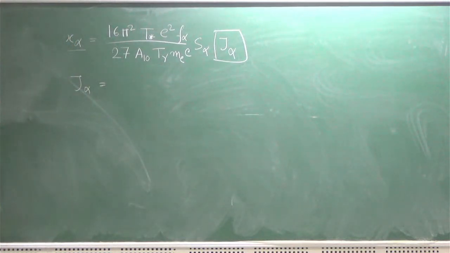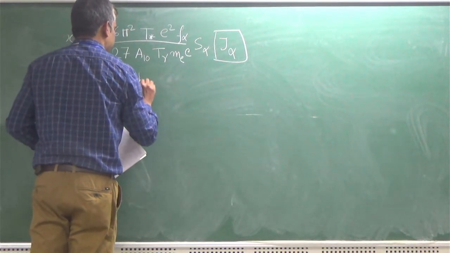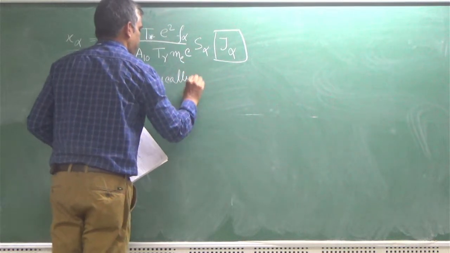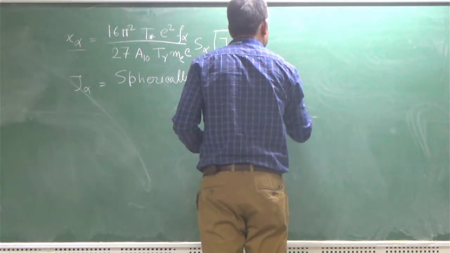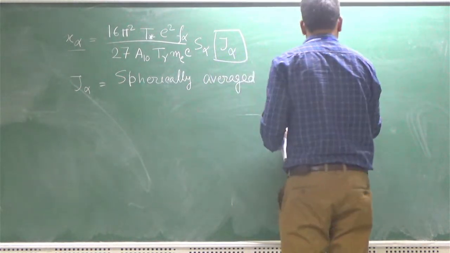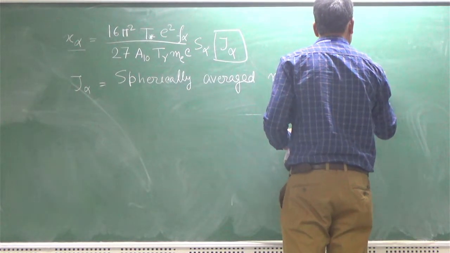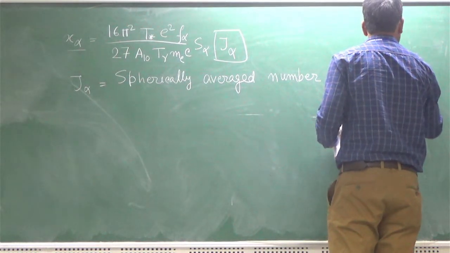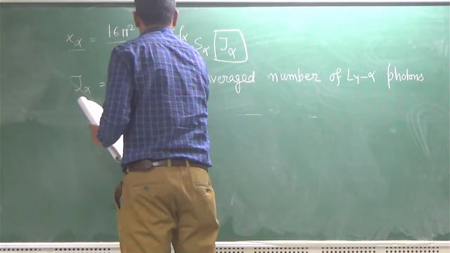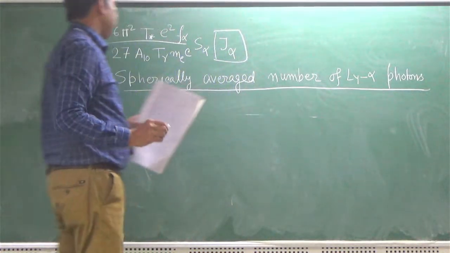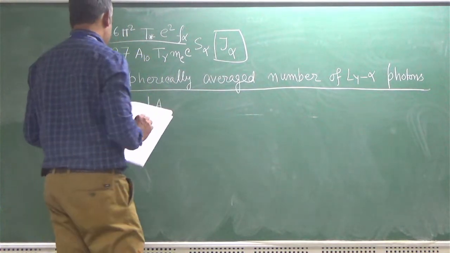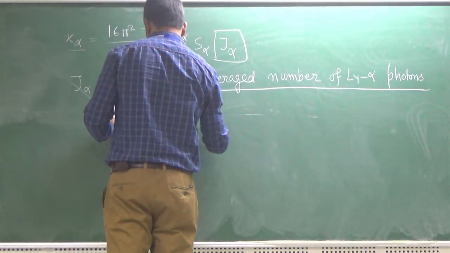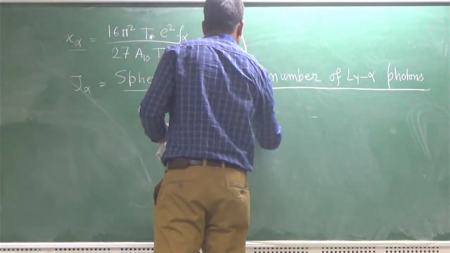This J alpha is actually the spherically averaged number of Lyman alpha photons striking each area, denoted as dA, per unit frequency, per unit time, and per unit solid angle.